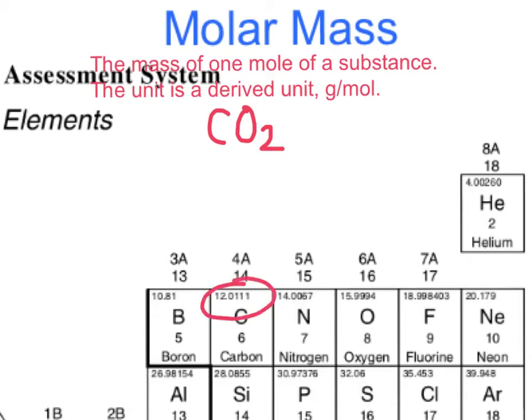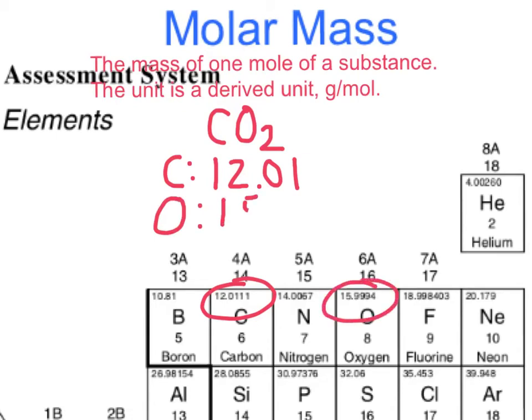So there it is. I'm going to say the molar mass of carbon is 12.01. I'm just going to keep 2 decimal places. And the molar mass of oxygen is right there. Okay? That's if I have 1 C and 1 O.